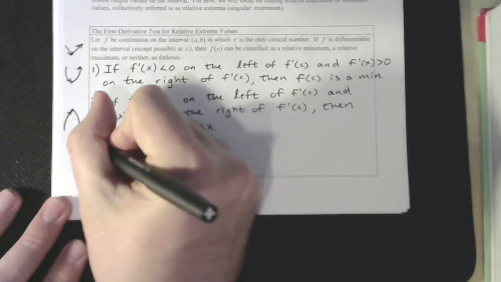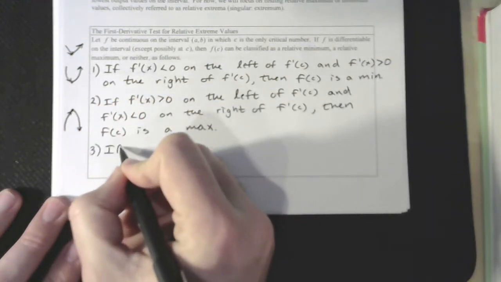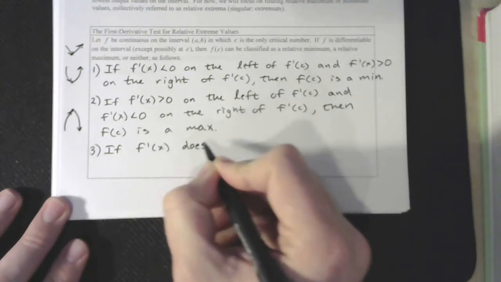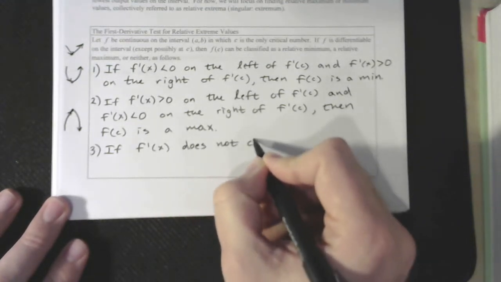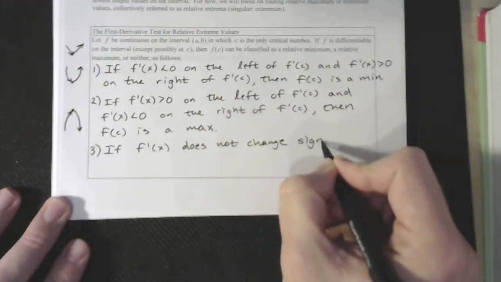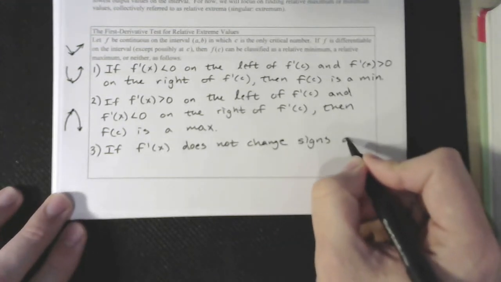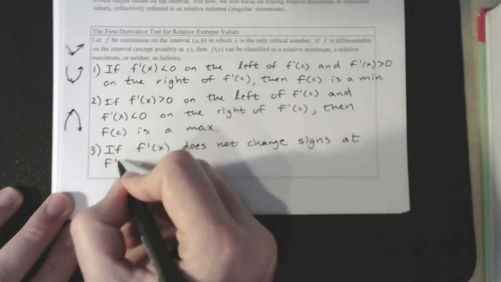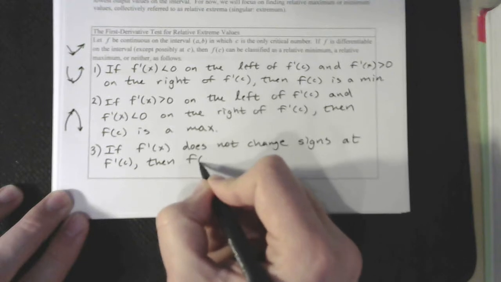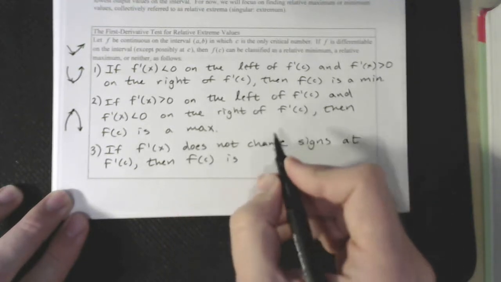And the third and final choice, if f prime of x does not change signs at c, then f of c is not an extrema.